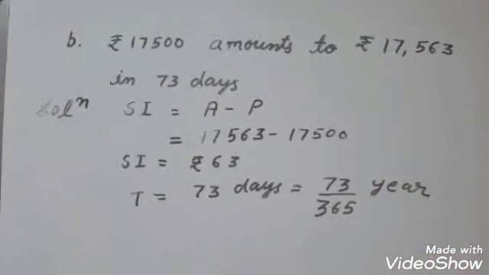Now we will put all these values in the formula of rate of interest, that is SI into 100 upon P into T. Then we will calculate our rate of interest. Then we will find our answer. Students, here we have completed exercise 6.1.